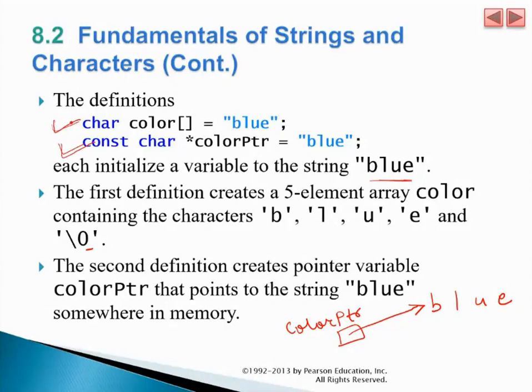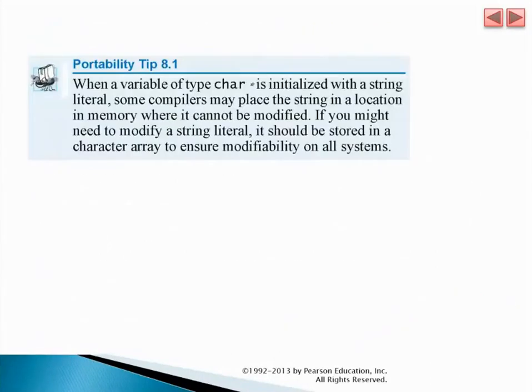We are allowed to use any of these ways. Now, when a variable of type char star is initialized with a string literal, some compilers may place the string in a location where it cannot be modified. So if you need to modify a string literal, it should be stored in a character array.